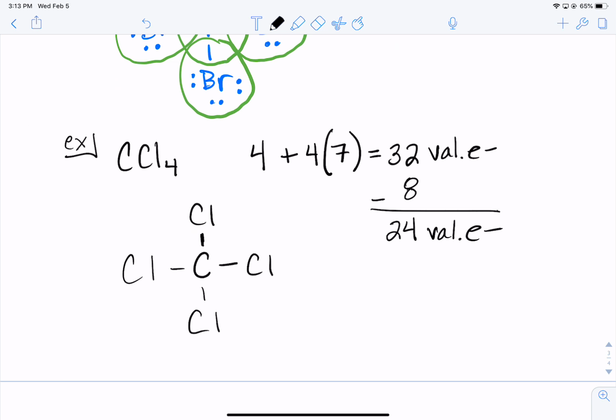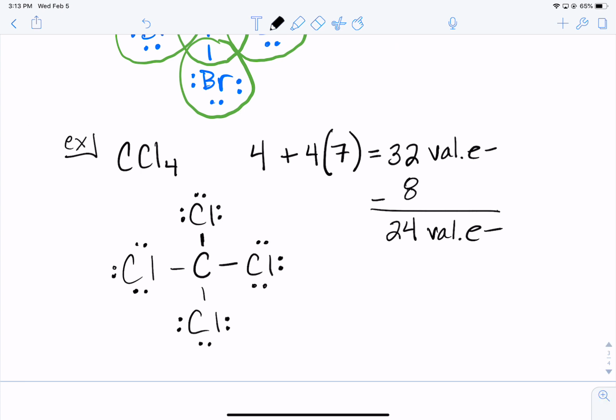Step 5, I've got to distribute my leftovers, first to the terminal and then to the central. So I've got 24. So I do 2, 4, 6, 8, 10, 12, 14, 16, and 18, 20, 22, 24. Oh, cool, I ran out.